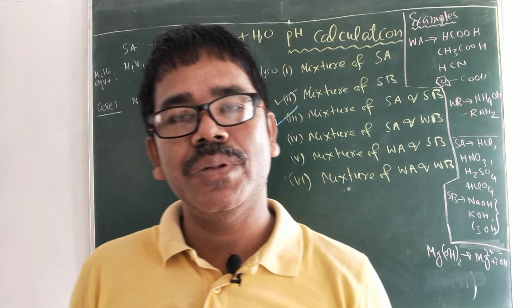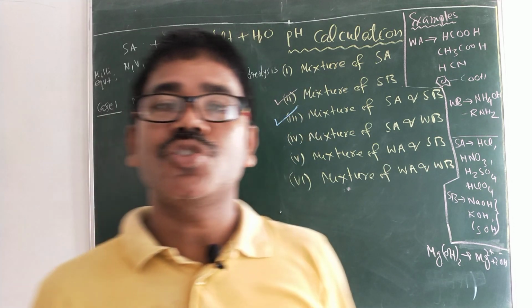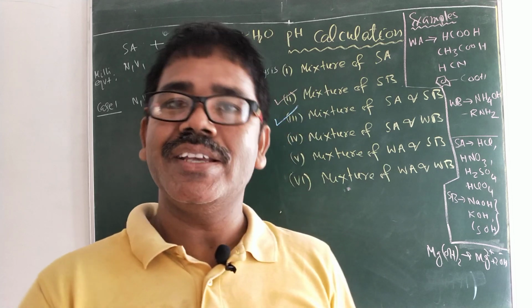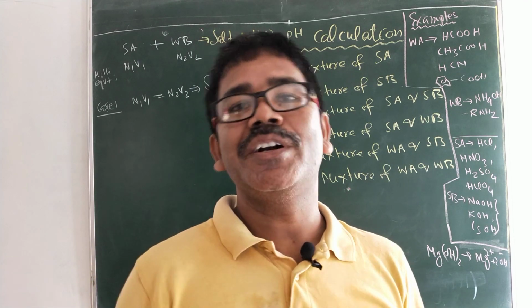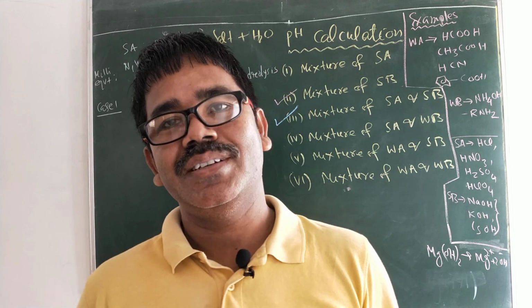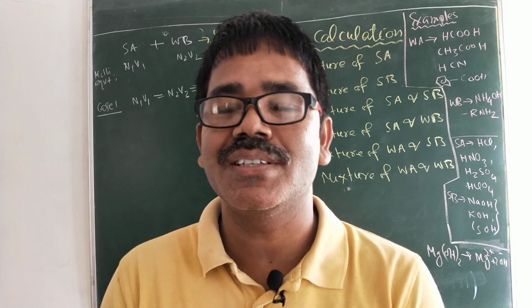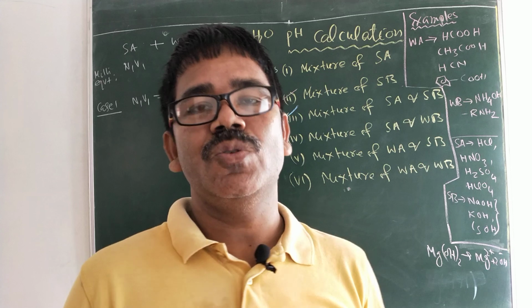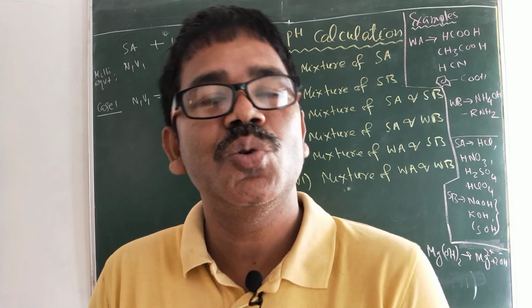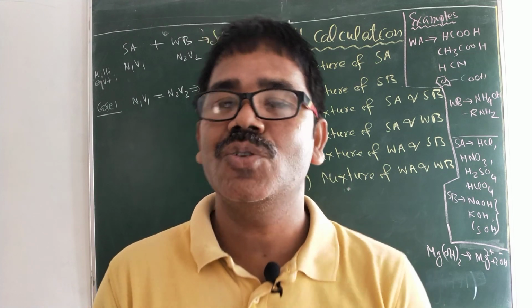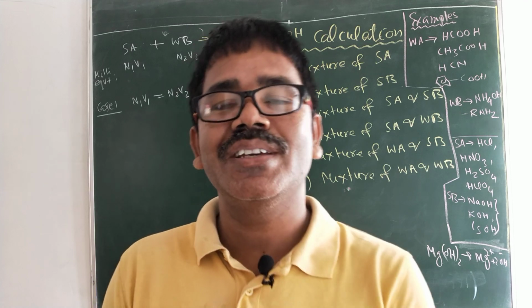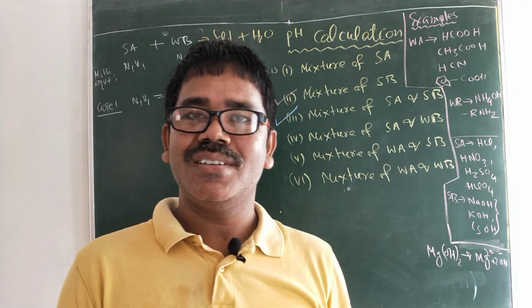Salt hydrolysis takes place when at least one part is weak, either the acid part is weak or the base part is weak, or both are weak. If both of them are strong, no salt hydrolysis. For example, if you dissolve NaCl solution in water, there is no reaction with the water and the solution is neutral, and that we say there is no salt hydrolysis.